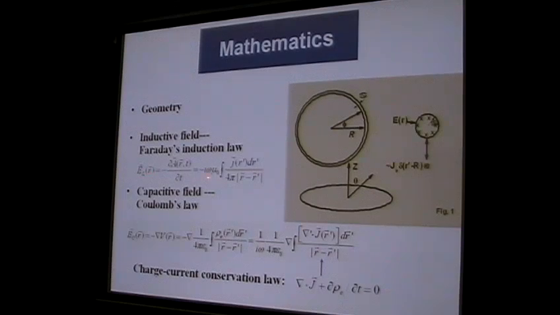So basically, EL is a function of J. Also, you can use the charge-current conservation law to get the charge density rho. If you get this quantity, you can use Coulomb's law to calculate the capacitive field. So basically, I think you can be convinced that both EL and EC are functionals of J.